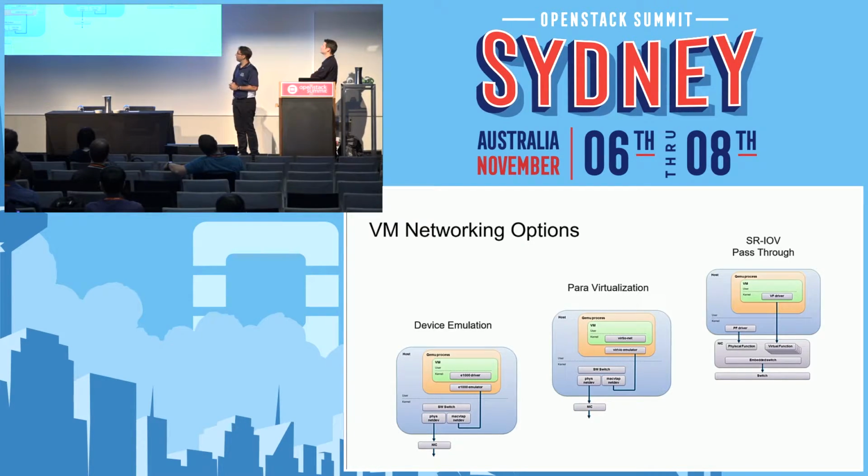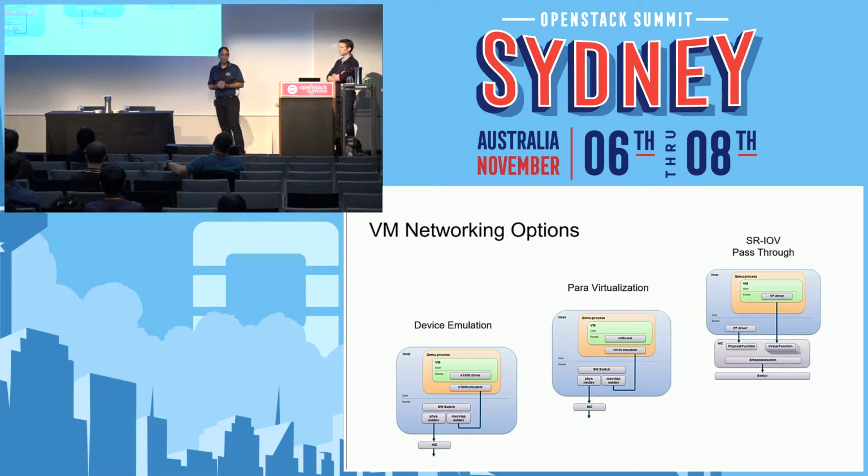That model evolved into the para-virtualized environment. Para-virtualized means that it is still a software-implemented driver, but there is a notion of a virtual machine. The driver is not a general-purpose NIC driver like the E1000 that was in the past.